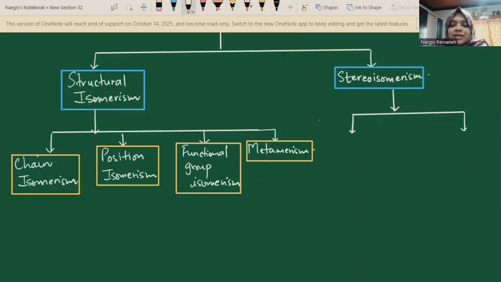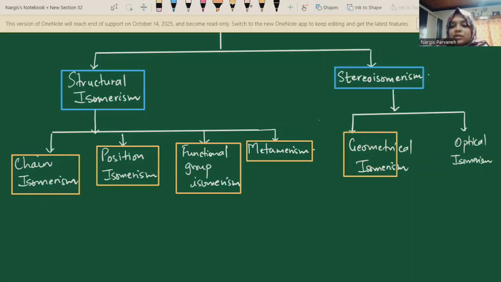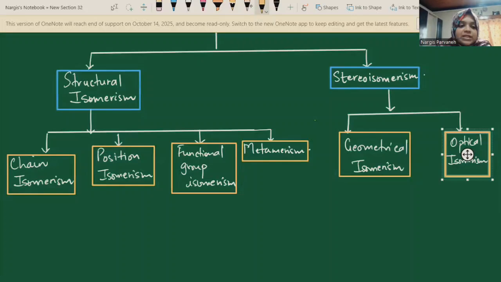One is geometrical isomerism. Another one is optical isomerism. We're going to see the meaning of all the terms here. In NCERT grade 11, only these 4 are discussed, and these 2 are discussed in grade 12. However, we are going to study all of them now.